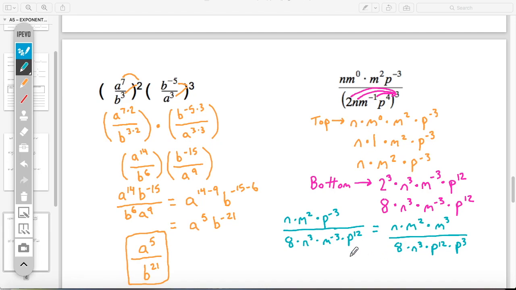Okay, so all we need to do now is combine our like bases, and then we're all set. So I have up top n and we have m squared times m cubed, so we know that is 2 plus 3, so m to the 5th, divided by 8n cubed. p, product rule here, we have p to the 12th times p cubed, 12 plus 3 is 15.